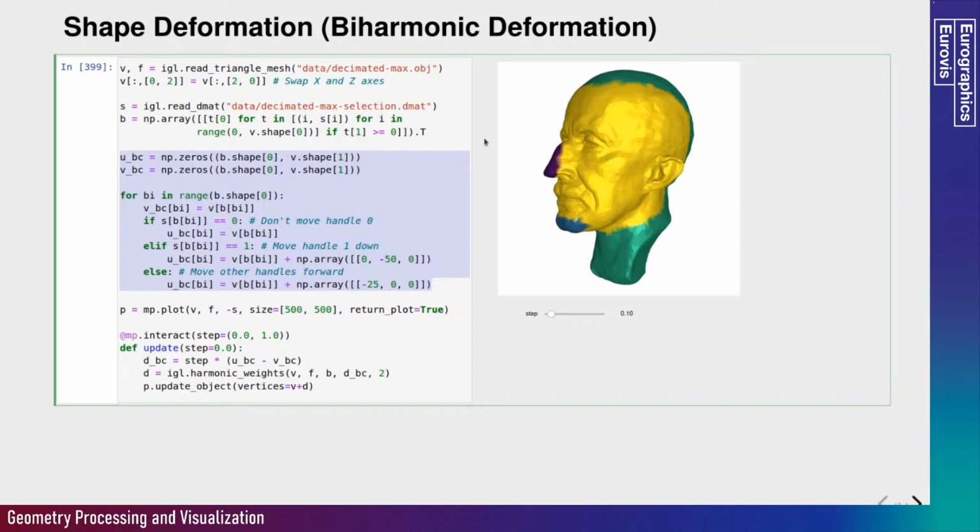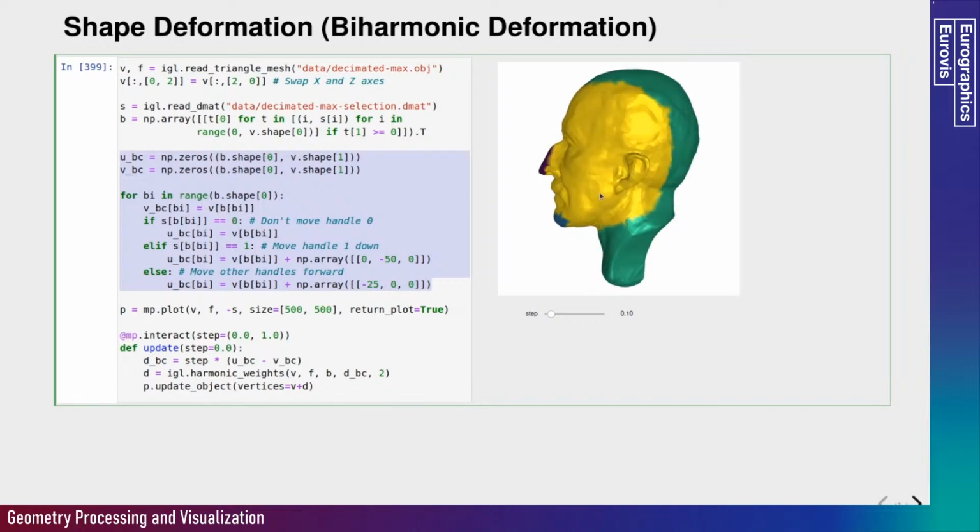So the green vertices are supposed to stay fixed at their position. The violet vertices are supposed to move forward, and the blue vertices are supposed to move downwards. And this movement description is written here in this UBC array.